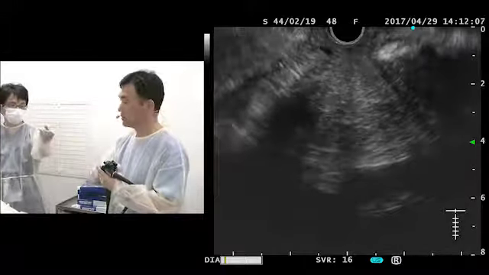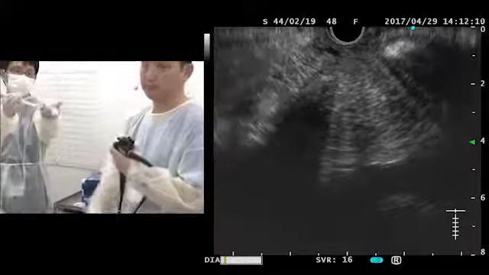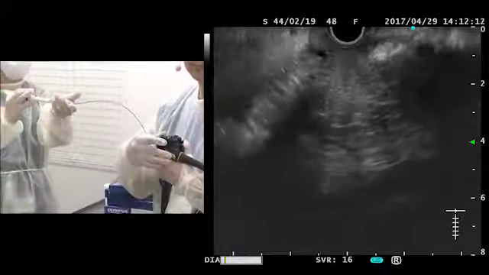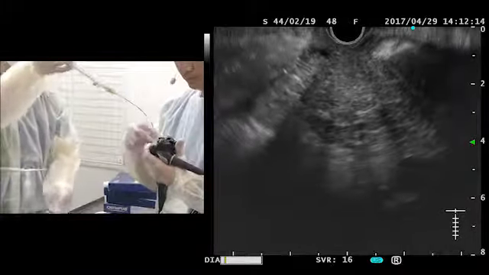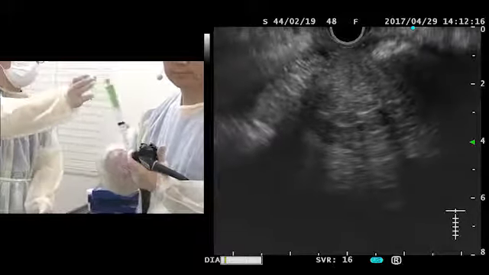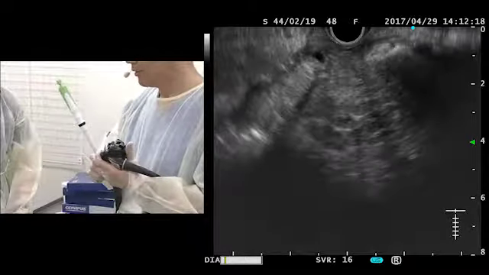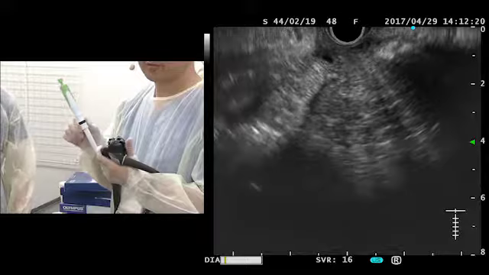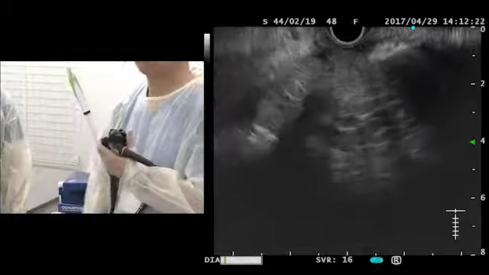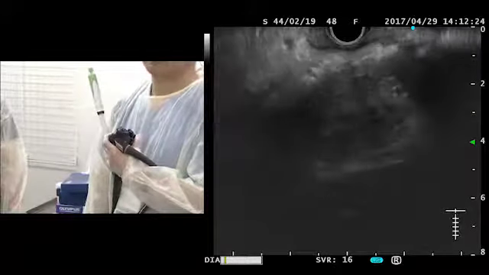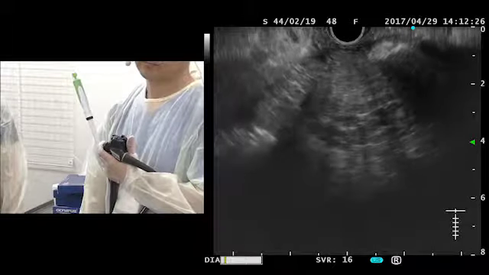Are you going to use a 22 gauge needle, or which needle are you going to use? A 22 gauge Acquire needle, yes. Okay. What about autoimmune pancreatitis in this case?